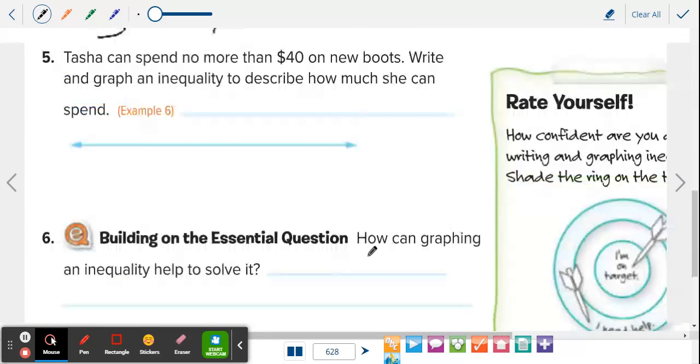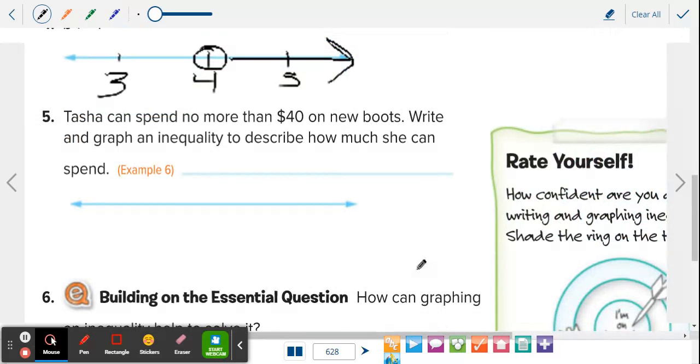So like down here. Tasha can spend no more than $40 on new boots. Write and graph an inequality to describe how much she can spend. So right there, it tells us she can spend no more than $40. So let's say B for boots, $40. So what symbol are we going to use here if she can't go over 40?